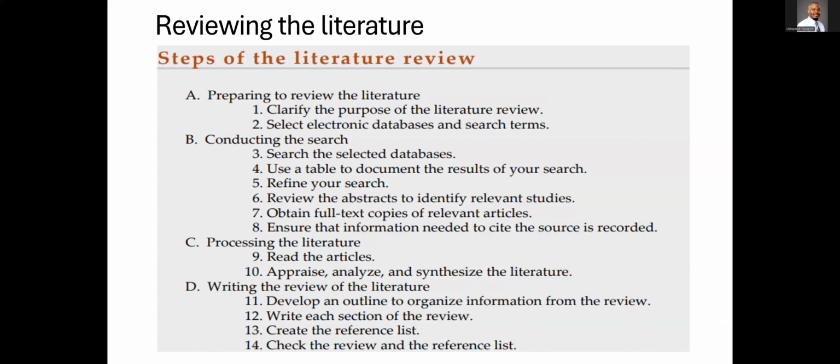For example, if I'm reviewing research on the knowledge of HIV counseling and testing among university students, and I found out that nursing students, medical students, had higher knowledge than fine arts students, I'm going to also contextualize that, because the nursing students are expected to be knowledgeable in that particular area.